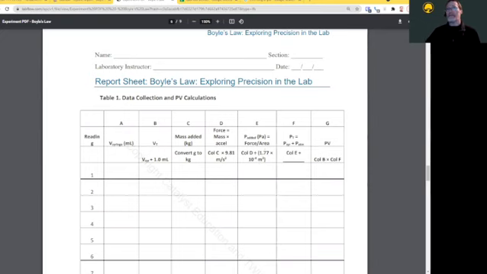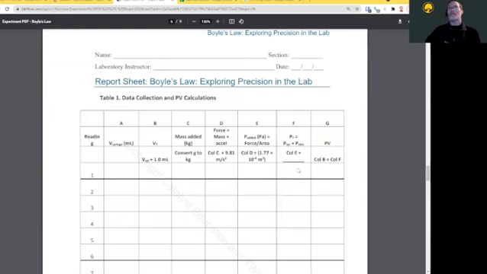If it's not, you've messed up your scientific notation. Total pressure is pressure in the syringe plus the pressure in the atmosphere. Remember that atmospheric pressure, all that weight of all those gas molecules up above your syringe plunger, going all the way up to space, exerts some pressure. And so we have to remember that pressure is in there too. So I'm making a relatively small change in that large pressure.